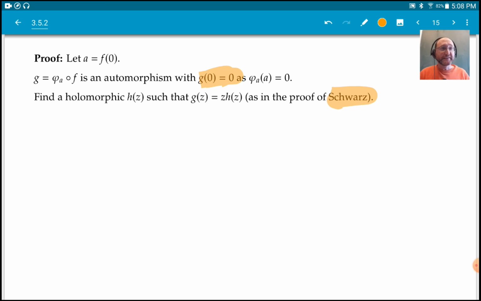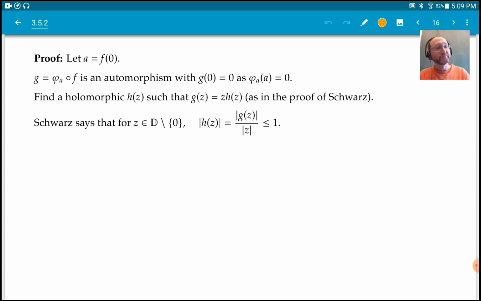If you write the power series expansion around 0 for this function g, it has no constant term, so all the terms are a multiple of z. I can factor out a z and still get a power series, so I can write it as z times some h.